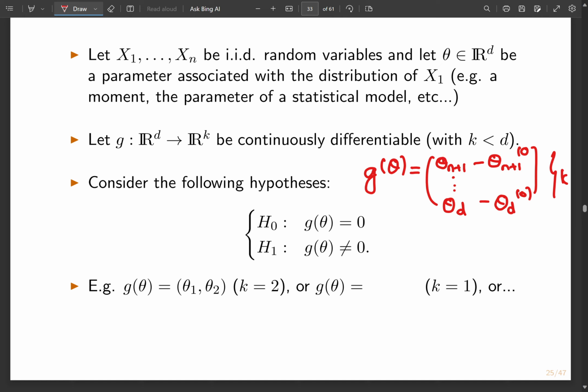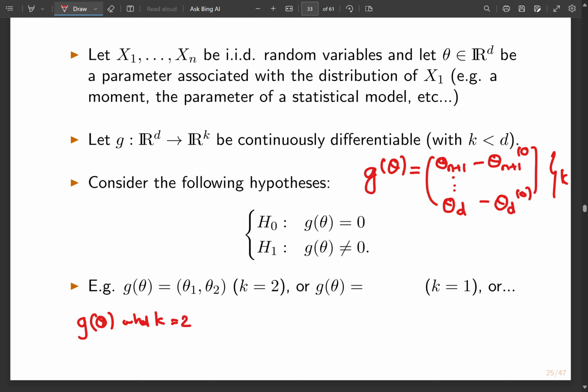Now, if we have this g as a function, we can ask certain questions out of this. We know that theta is of size d, and let's say we constrain k equal to 2, so it produces only two coordinates.